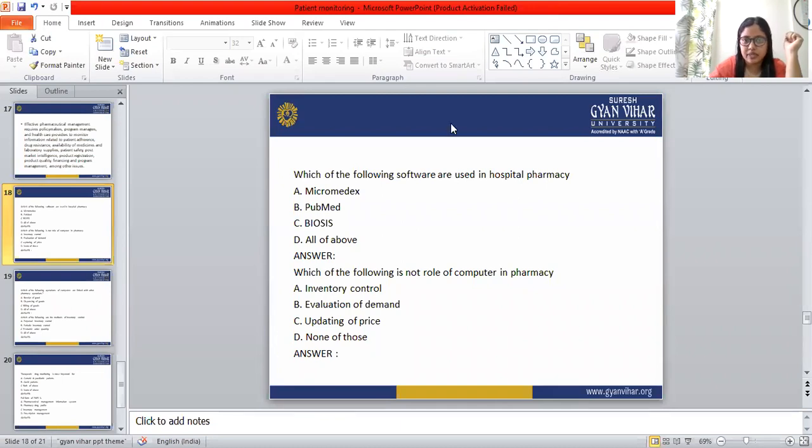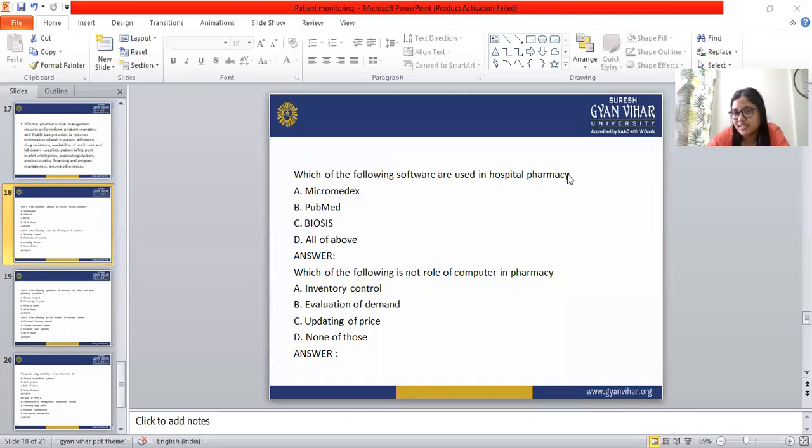If you know the answer, then please raise your hands, then I will unmute. So which of the following softwares are used in hospital pharmacy?